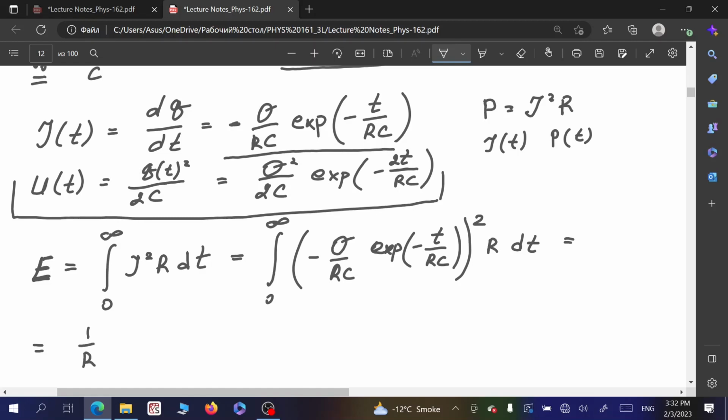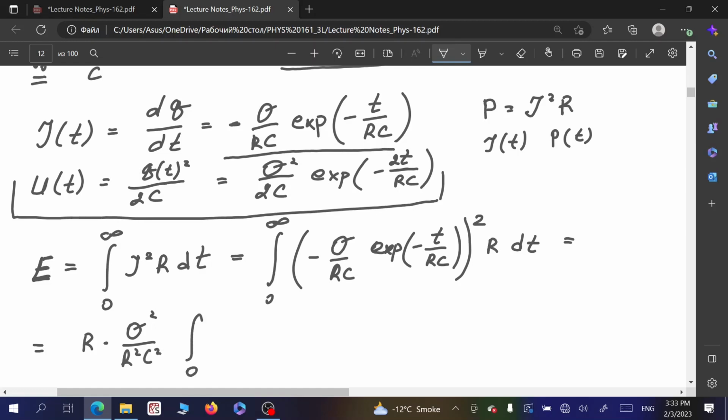So that will be, sorry, it's not 1 over R, it's just R, and times capital Q second power over R square C square.